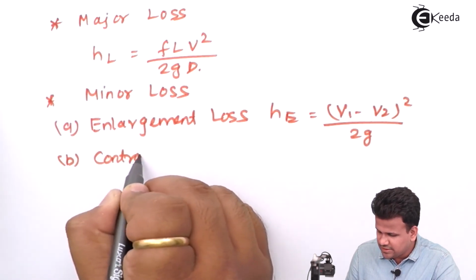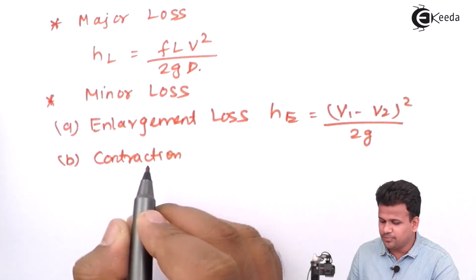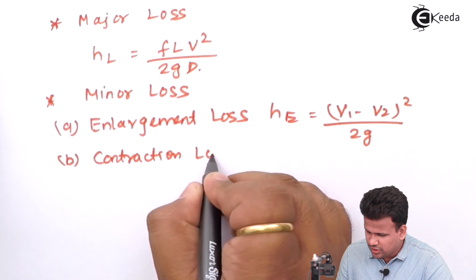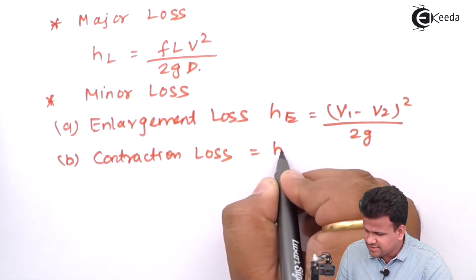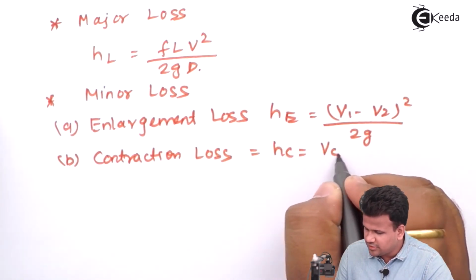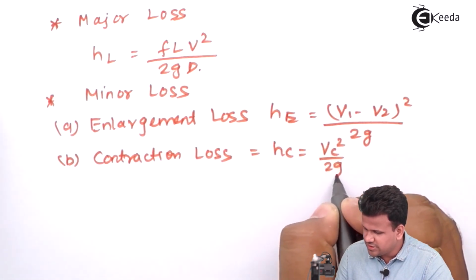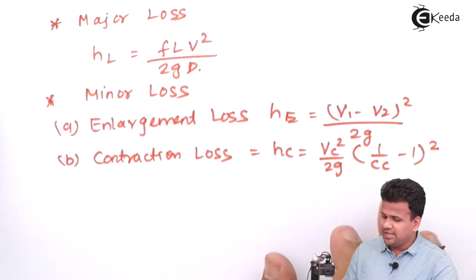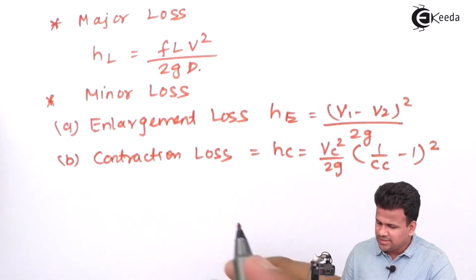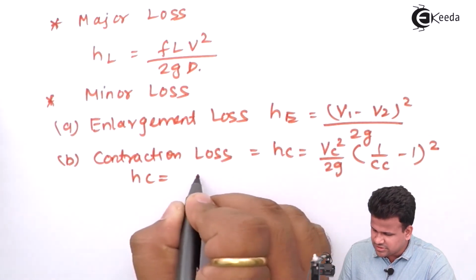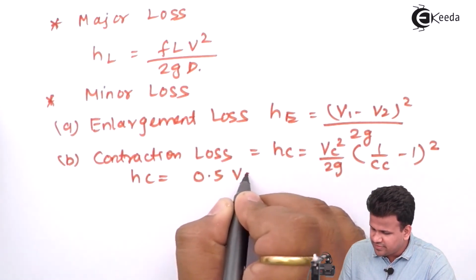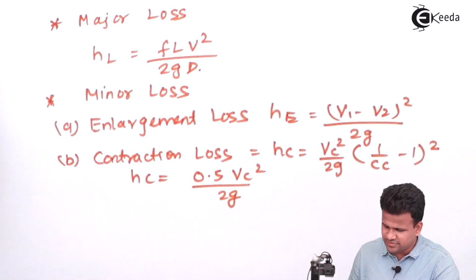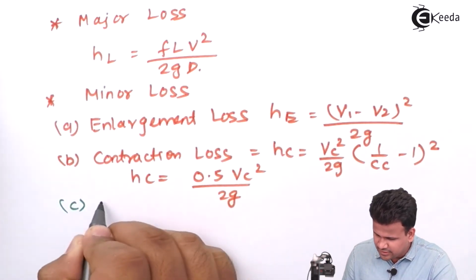Mind you, enlargement and contraction are both sudden, not gradual. Contraction loss is HC equals V contraction square by 2g into 1 upon Cc minus 1 the whole square. If the value of Cc isn't given, then we consider contraction loss as 0.5 Vc square by 2g.